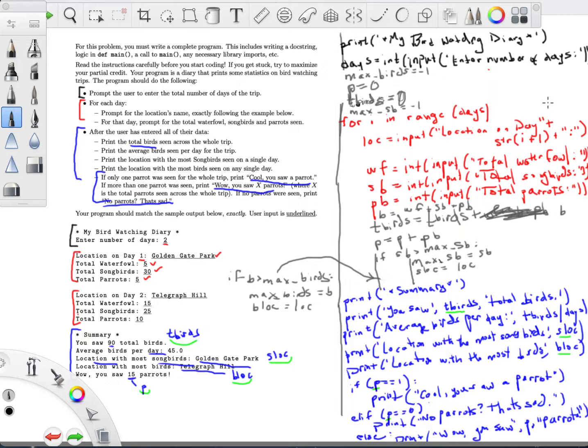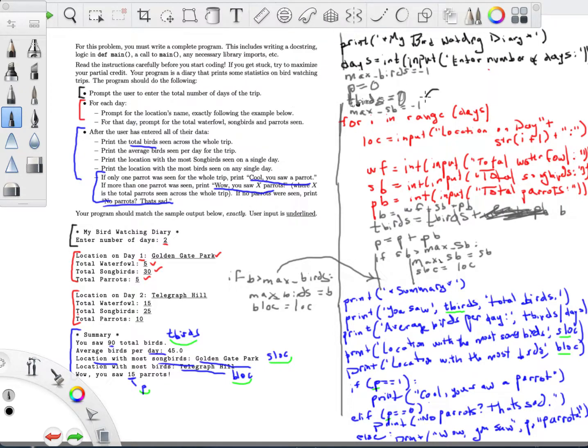I don't think there's anything particularly tricky here. It's just keeping it all straight and remembering what was asked for and finding an organized way to organize your thoughts to use the accumulator pattern to add things up, using the max finding pattern and min finding pattern.